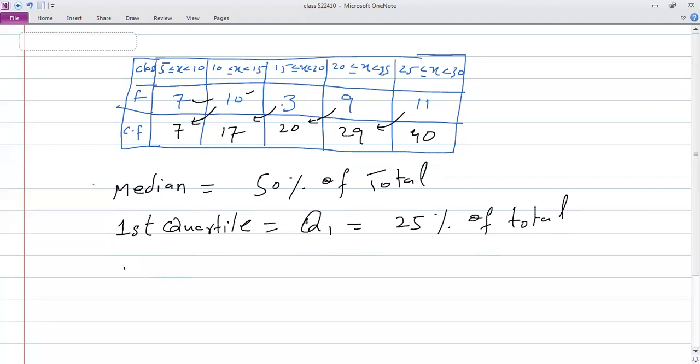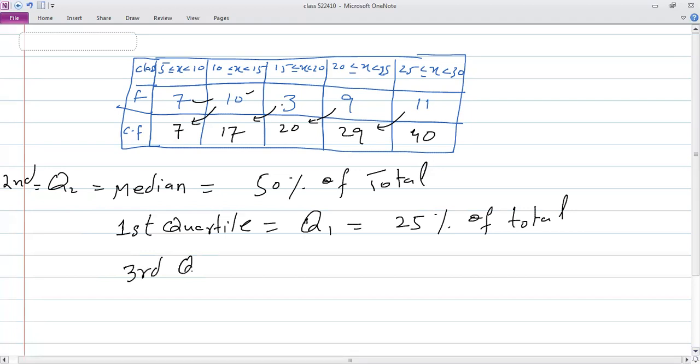And the median is also called the second quartile, Q2. Then there is another quartile called the third quartile, which we call Q3. It is 75% of the total.